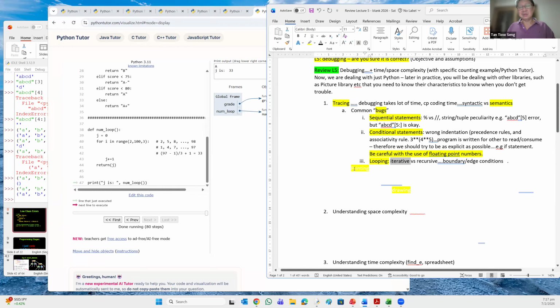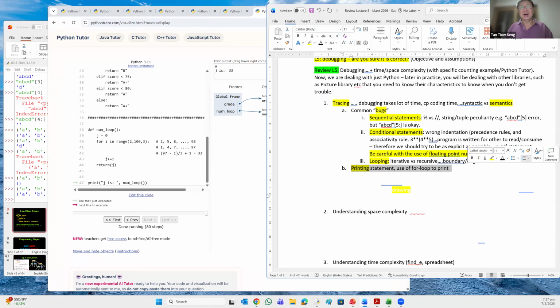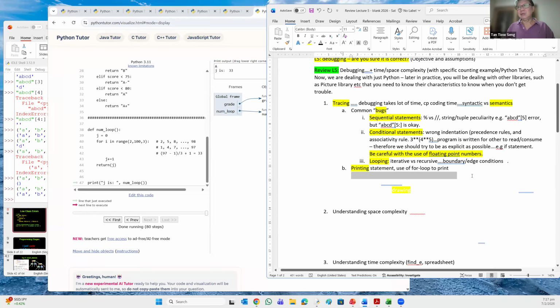So other than tracing, finding these are the common bugs. What we usually do to get the trace is, as I have done just now, the printing of the statement. I use print I here, and I must emphasize this over and over again: we do more than just a print statement, because print statements can be very ugly.